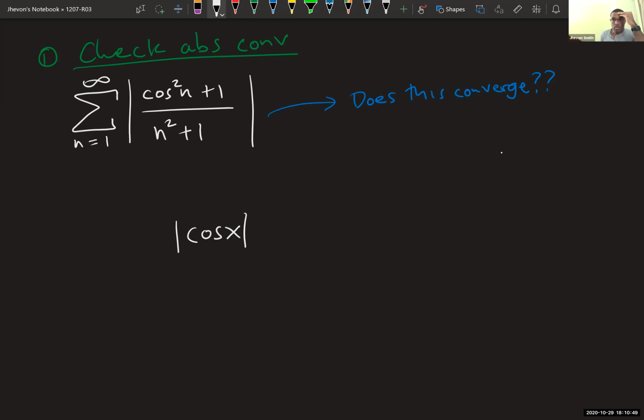It's between 0 and 1. It's between 0 and 1, right? You automatically start thinking of bounds, right? What can we do here in that regard? I have an absolute value of a cosine squared plus 1.